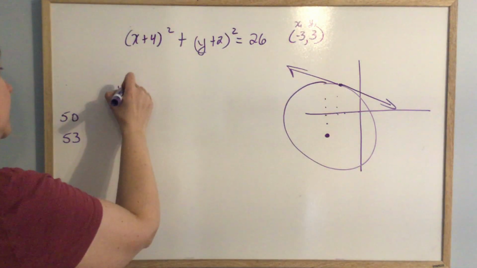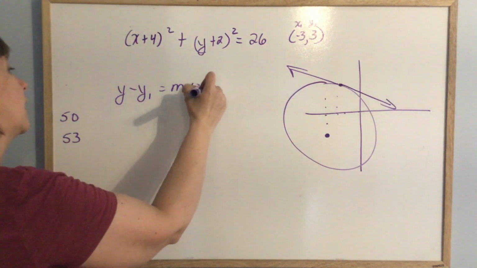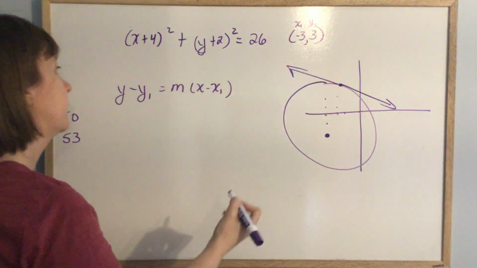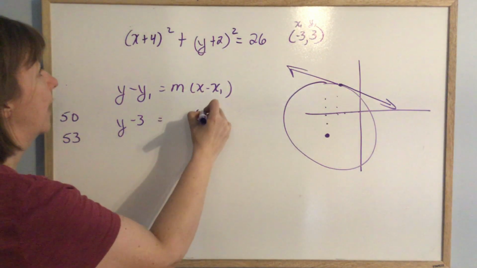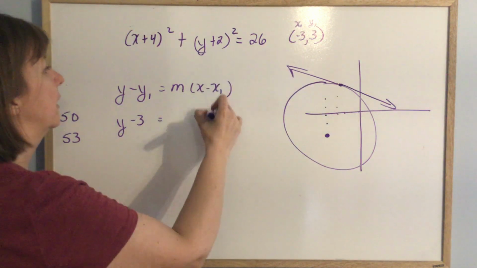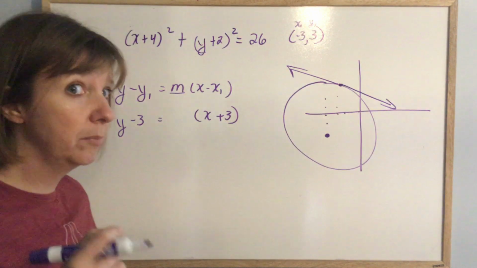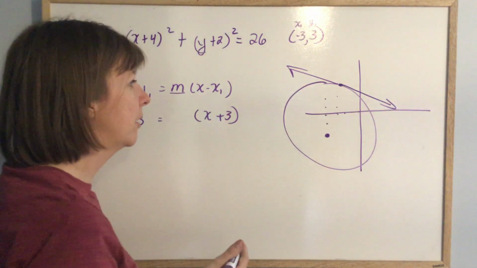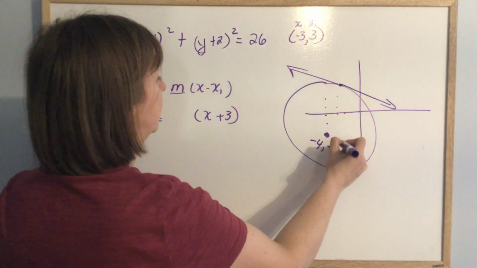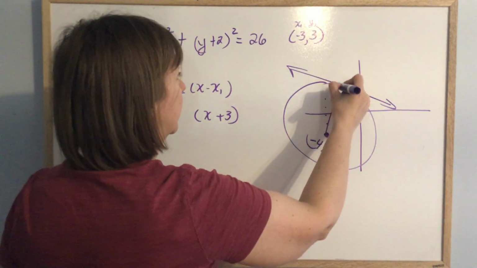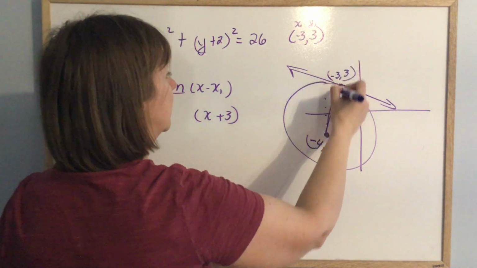An equation of a line is always y minus y1 is equal to slope times x minus x1. So it's going to be y minus 3 and x minus -3, so really x plus 3. The slope is my problem, but it's not really a problem because I know the center of my circle is -4 and -2, and I know that this point is -3 and 3.